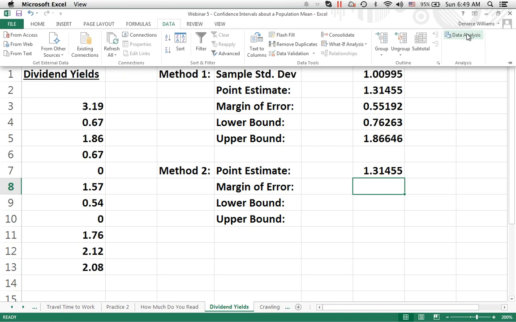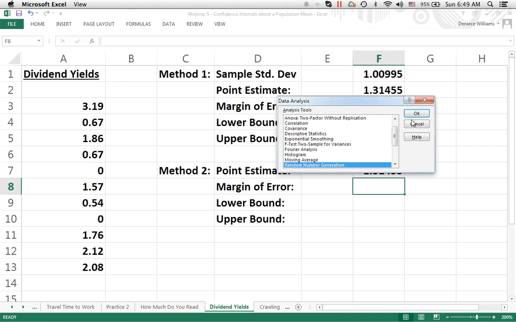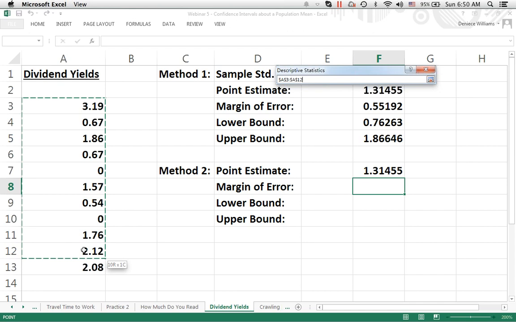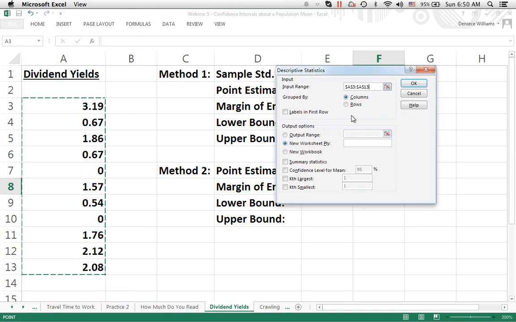Remember, this is Excel 2013. Go to our data section, and then on the right, you should have the data analysis. Now, when you open data analysis, you're going to go to descriptive statistics, and click OK. You will click on where it says input range, make sure that cell is highlighted, and then click and drag. I don't have any labels, so I'm not going to click this.